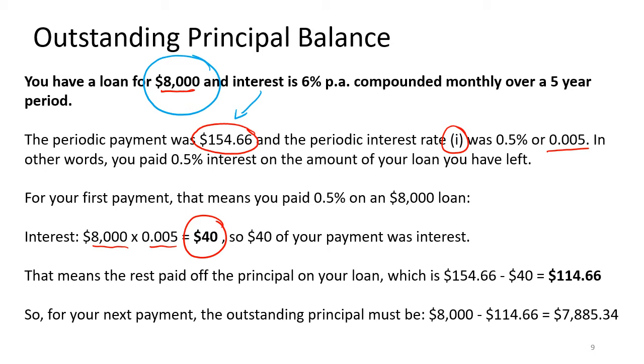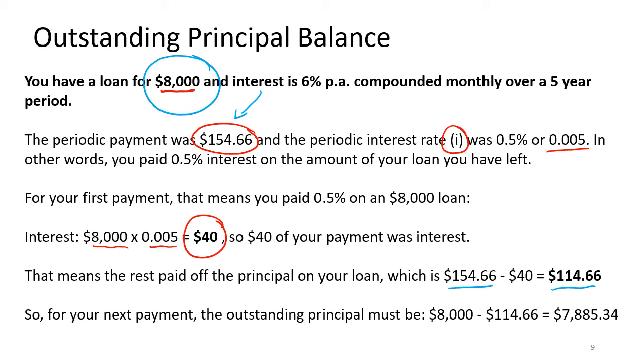So that means your payment, $154.66, minus the $40 in interest, means that $114.66 of your payment goes towards the actual loan, right? Because your overall goal is to pay off that original amount that you borrowed.